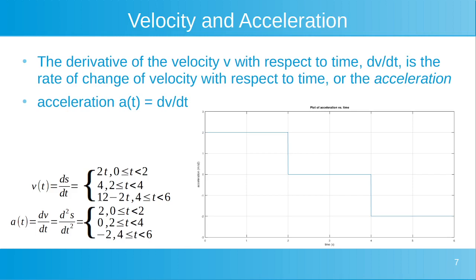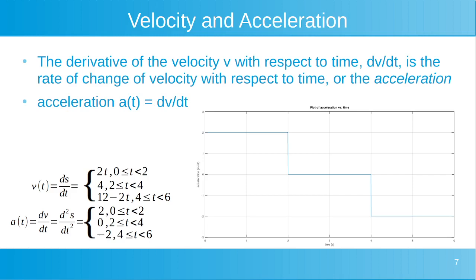So at the bottom left of our screen, we've got a new piecewise function describing the acceleration a as a function of t. That's equal to dv/dt, the derivative of v, the velocity, with respect to t, which itself is the second derivative of distance with respect to time, written as d squared s over dt squared.